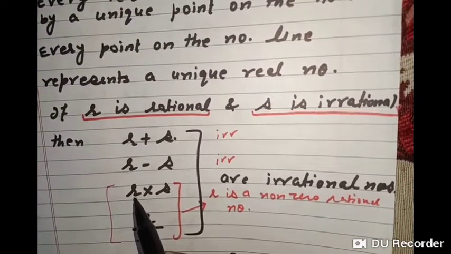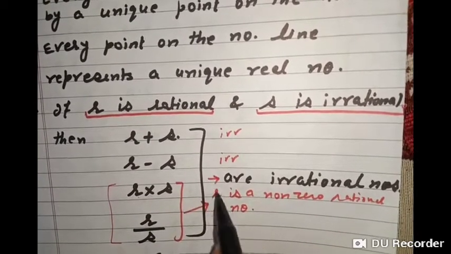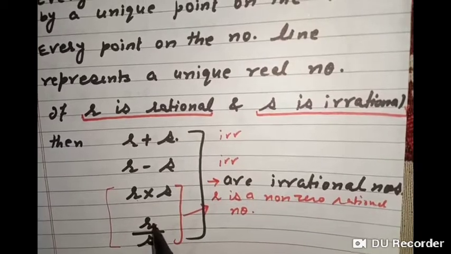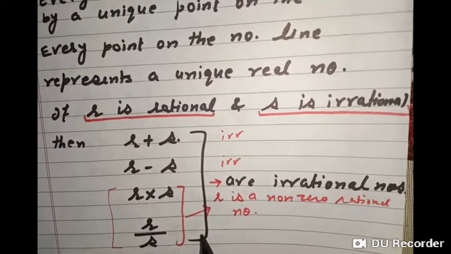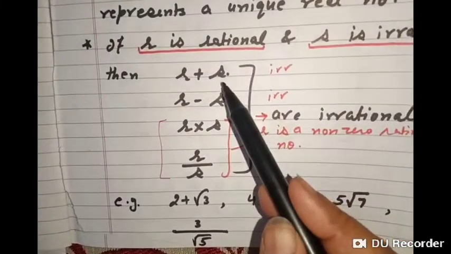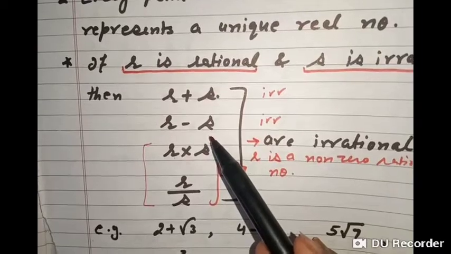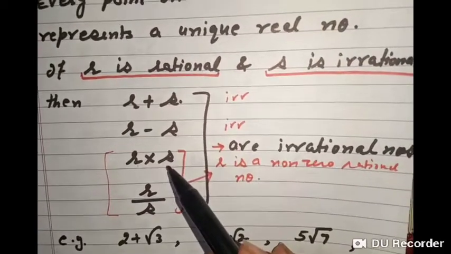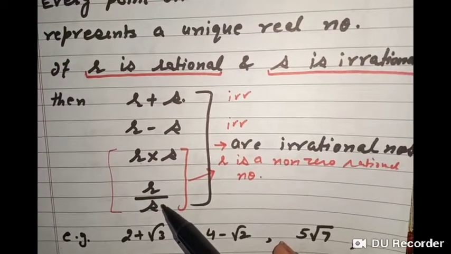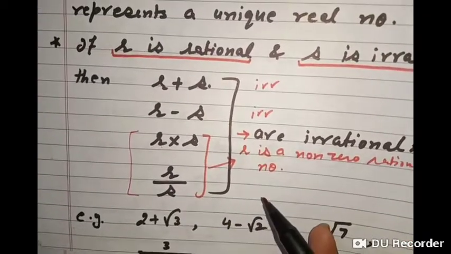If we multiply a rational number and an irrational number, we will get an irrational number. And if we divide a rational by an irrational number, again we will get an irrational number. So addition and subtraction of a rational with an irrational is irrational, and multiplication or quotient of a non-zero rational with an irrational is always irrational.